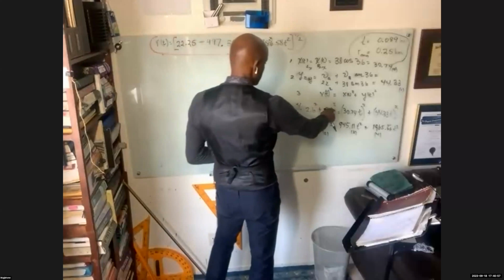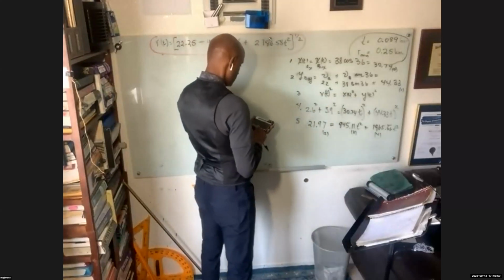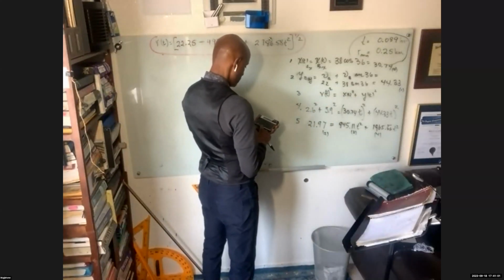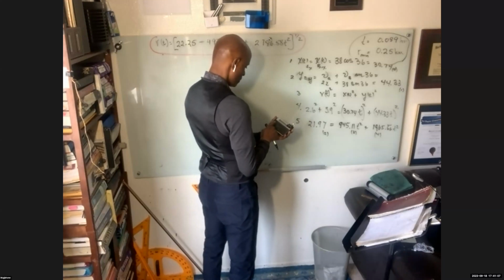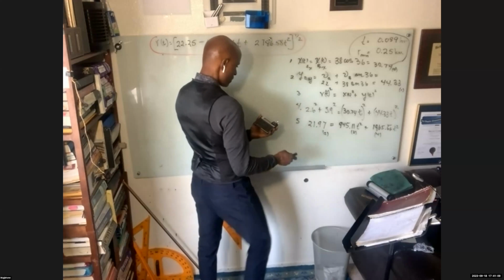We were doing the square root of the part of 945 t squared.